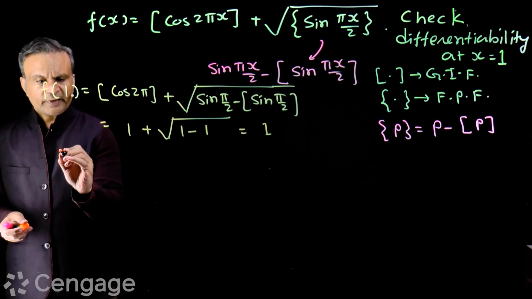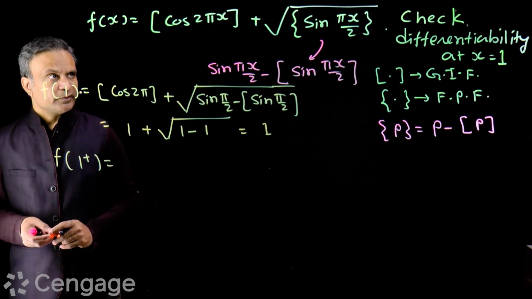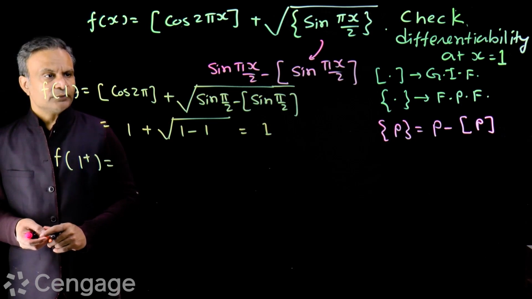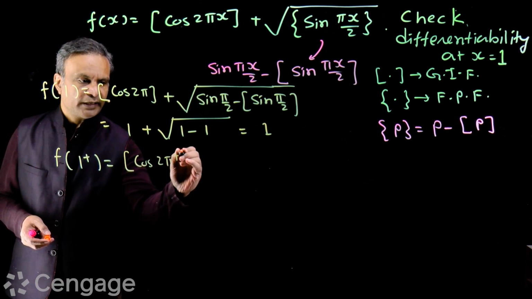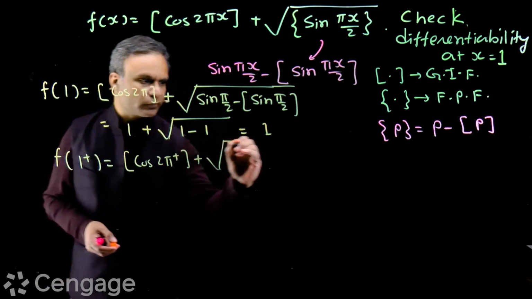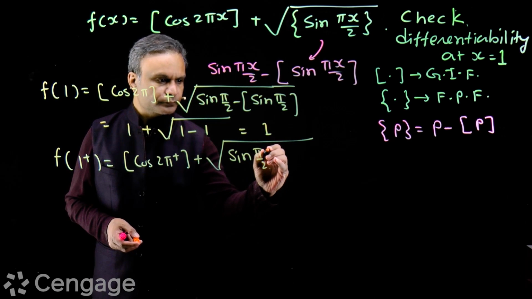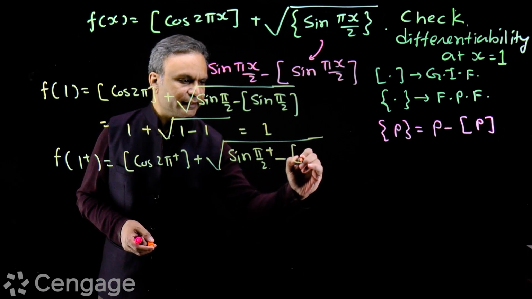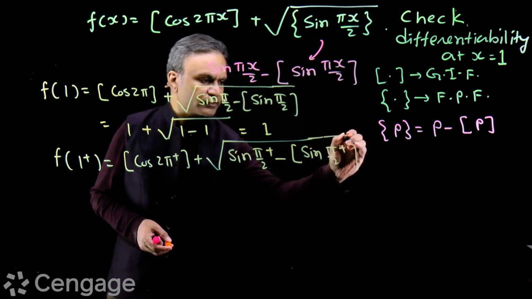Then we find the value of f(1+), the right hand limit of the function at x = 1. The value will be greatest integer of cos 2π+ plus square root of sin(π/2)+ minus greatest integer of sin(π/2)+.